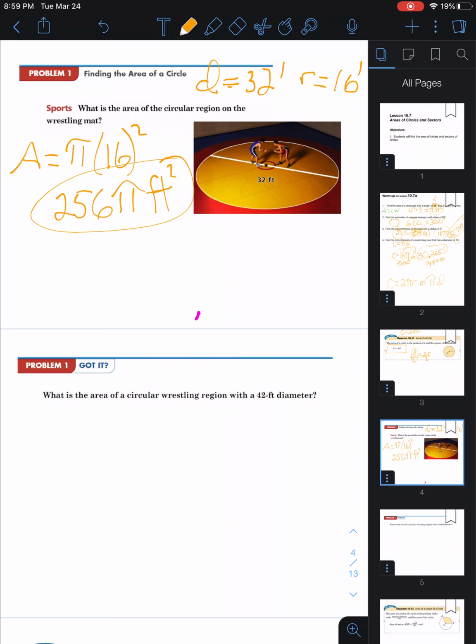And the approximate would be 804.248 square feet.